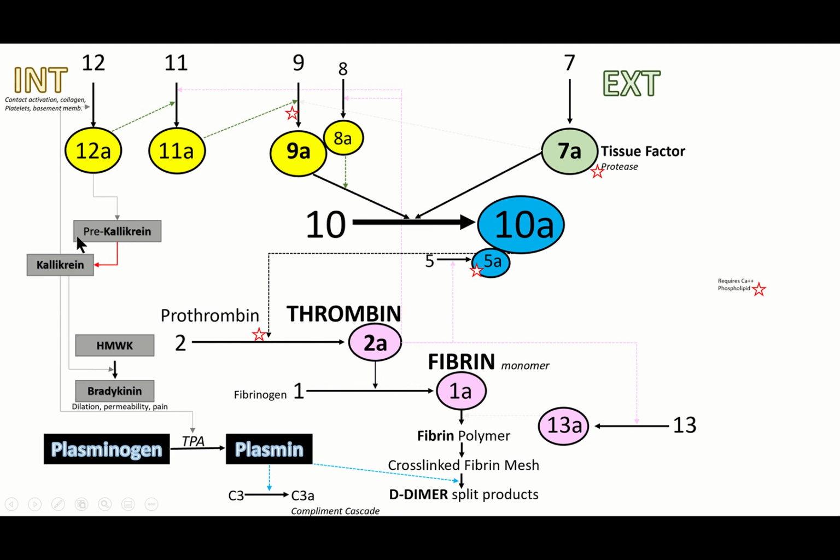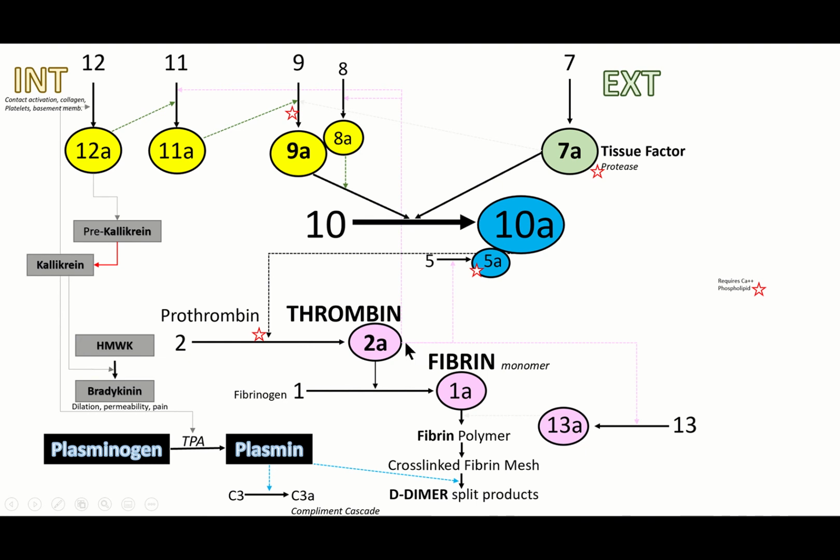And kallikrein is really interesting because not only does that activate the intrinsic pathway, but it also auto-regulates. So once you have the intrinsic pathway working, it'll come back and inhibit itself. Kallikrein also causes high molecular weight kininogen to turn into bradykinin, and that causes dilation, permeability, and pain.